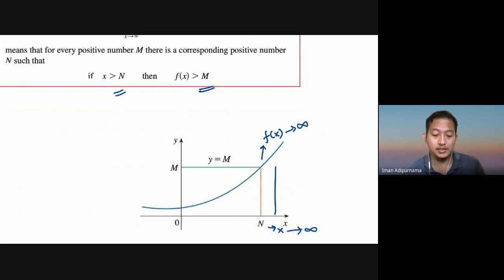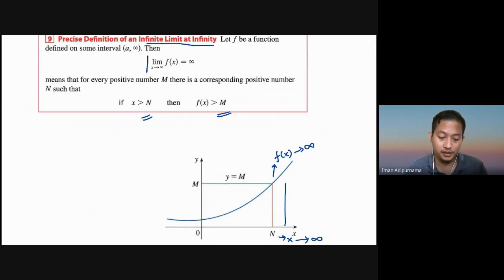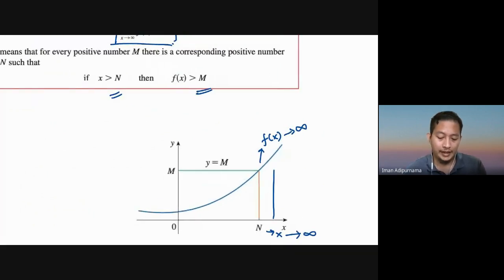But of course, this is in terms of limit. N and m are just parameters, just evaluations showing that x is always getting larger, and f of x becomes larger too.